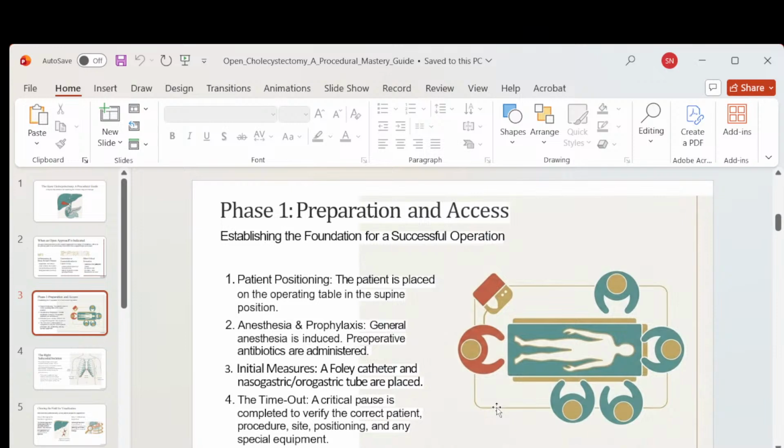The Foley's catheter is to decompress the urinary bladder, and the nasogastric or orogastric tube is placed to decompress the stomach, so the operative field is visualized easily. The timeout, a critical pause, is completed to verify the correct patient, procedure site, positioning, and any special equipment.